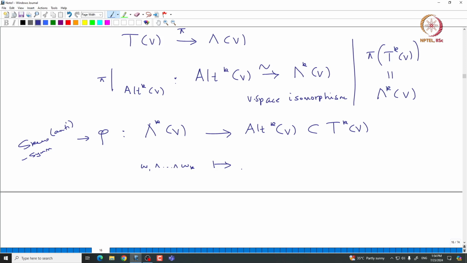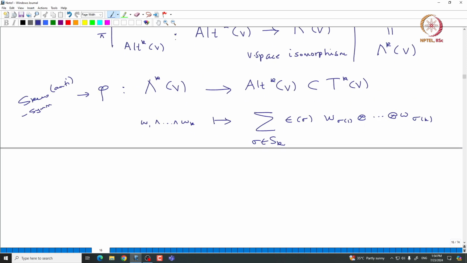Now if you take w1 wedge etc., wedge wk, you just send it to the summation, since we are doing anti-symmetrization, of the sign of sigma times w_sigma(1) tensor etc., tensor w_sigma(k), where sigma runs over S_k.